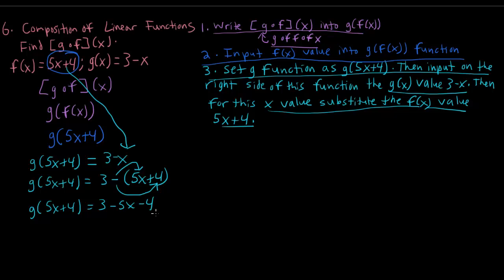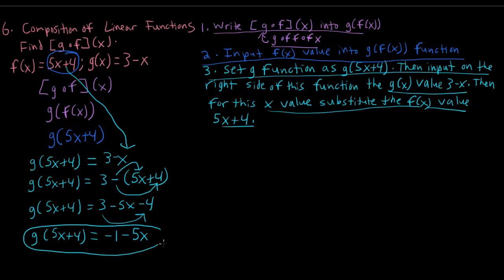And if we combine like terms, which is 3 and negative 4, we end up with g of 5x plus 4 equals 3 minus 4, which is negative 1, minus 5x. And that's the answer. You could read that as g of 5x plus 4 equals negative 1 minus 5x. Oh, and also for clarification, this is problem 6b.